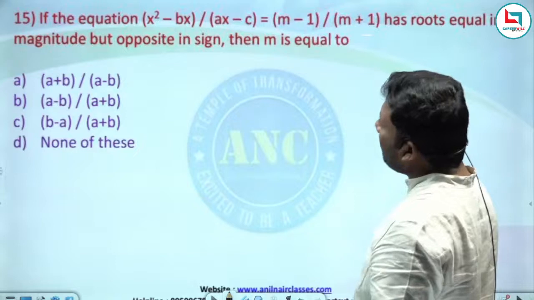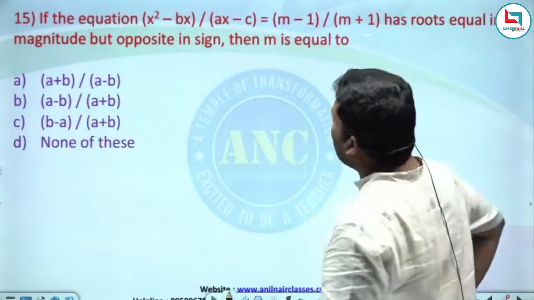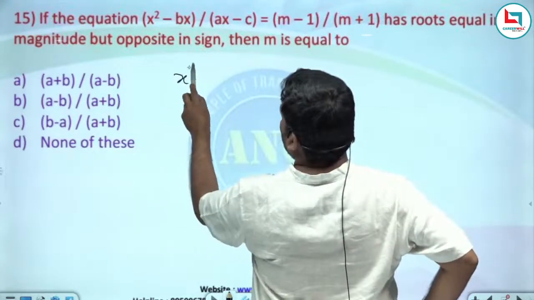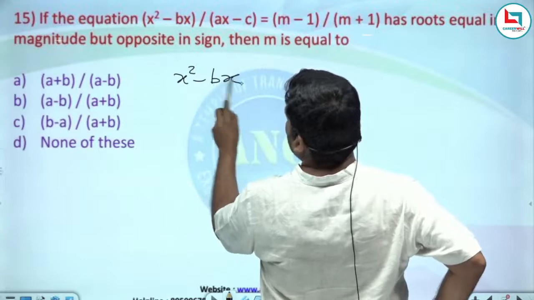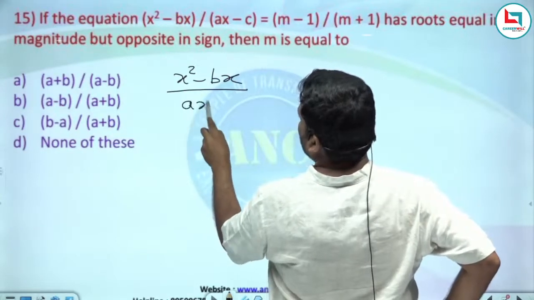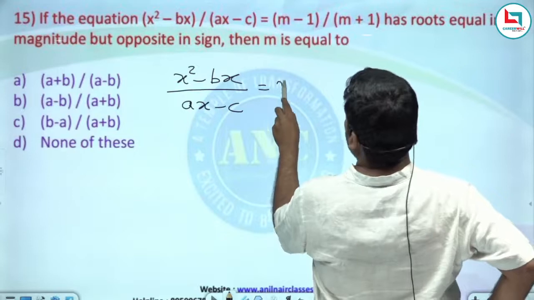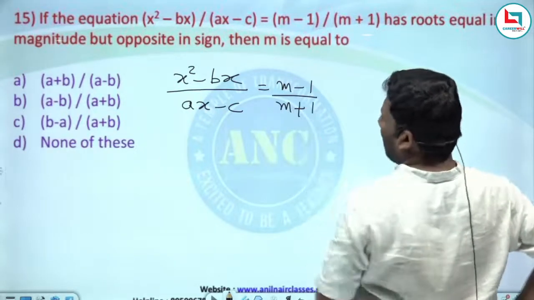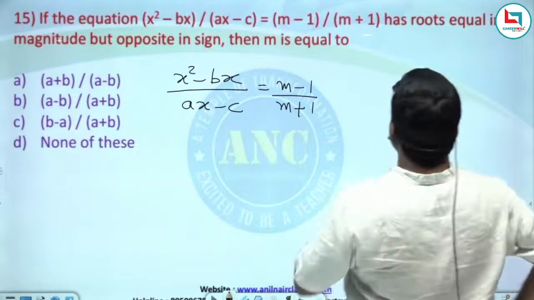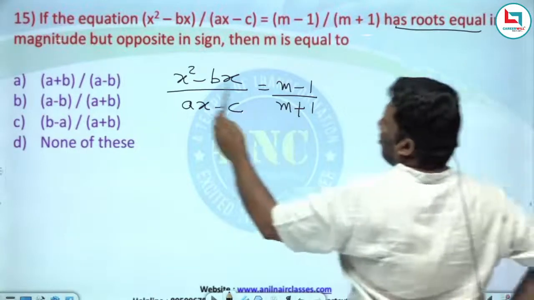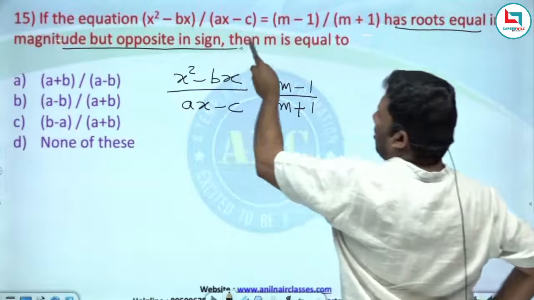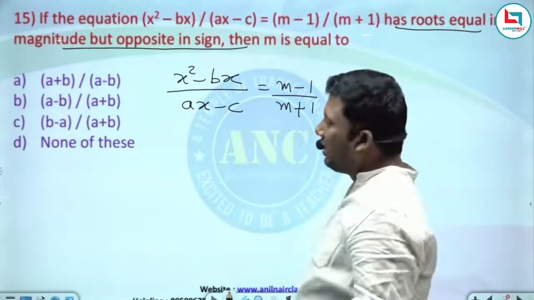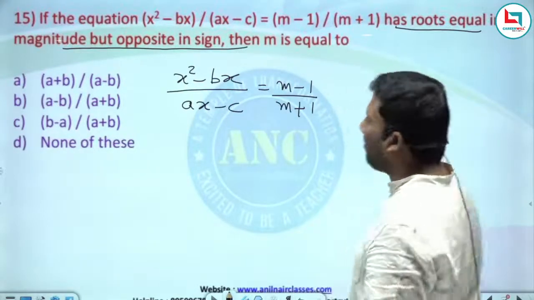Now, next one. If the equation x square minus bx divided by ax minus c is equivalent to m minus 1 by m plus 1 has roots equal in magnitude but opposite in sign.